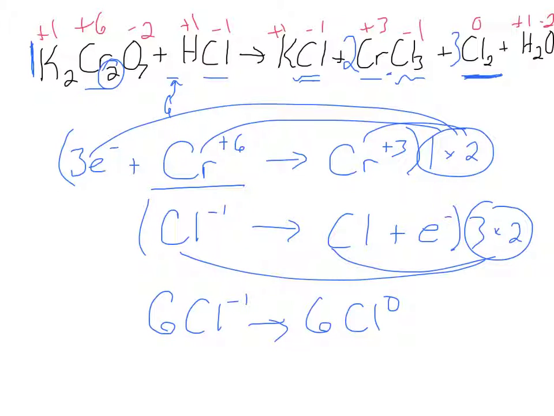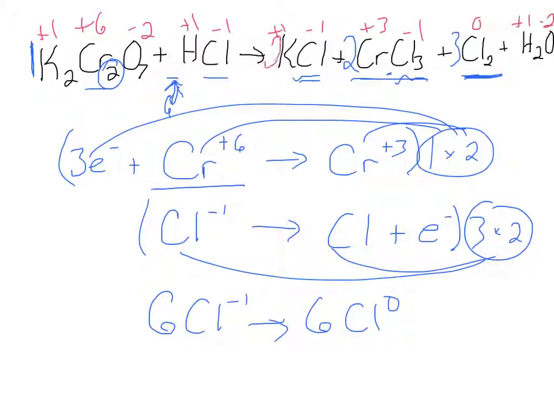Now, usually saving water till the end is going to be the best idea. So in order to figure out what goes in front of the HCl, I already know how many chlorines are in this compound and over here. This is the only one that's different. So I need to look at the reactant side, and there's 2 potassiums over here.